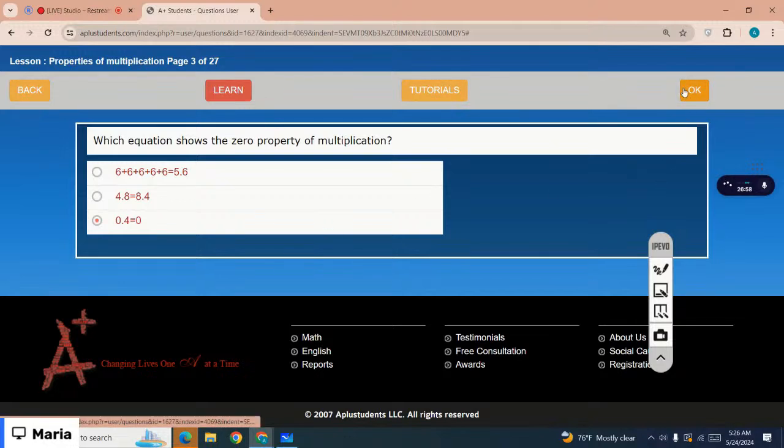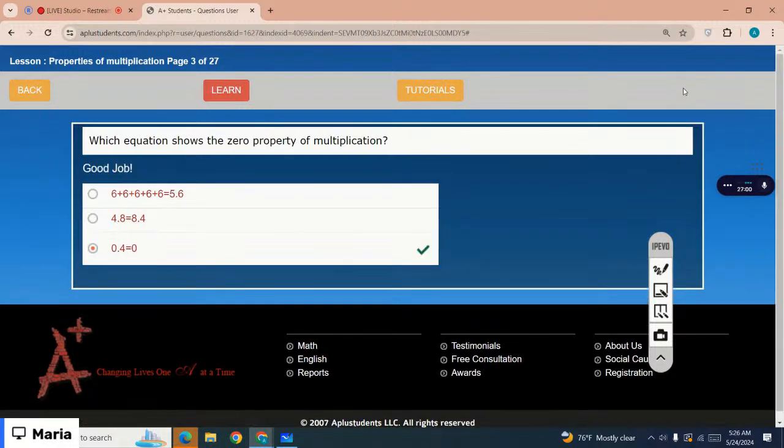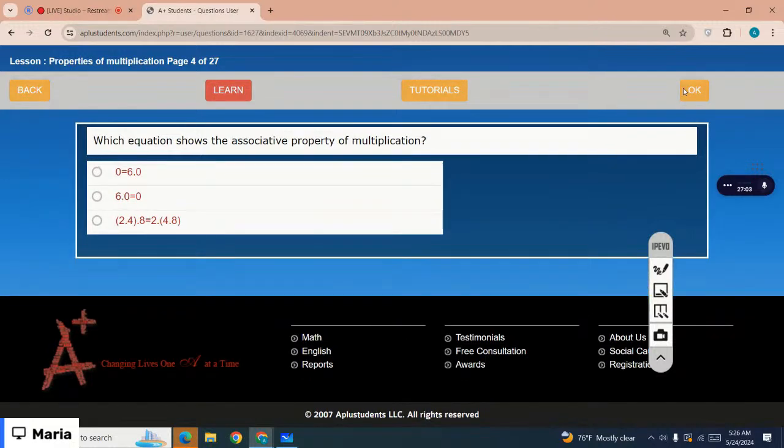Zero property means if you multiply a number with 0, the answer is 0. That is the zero property, right?